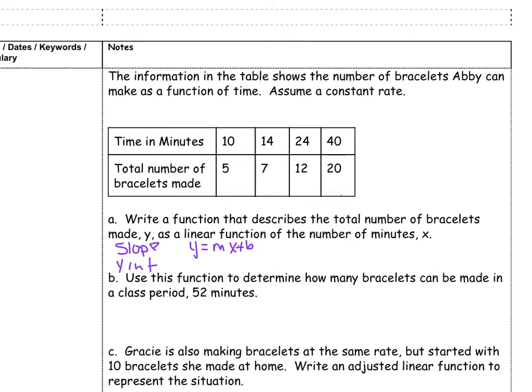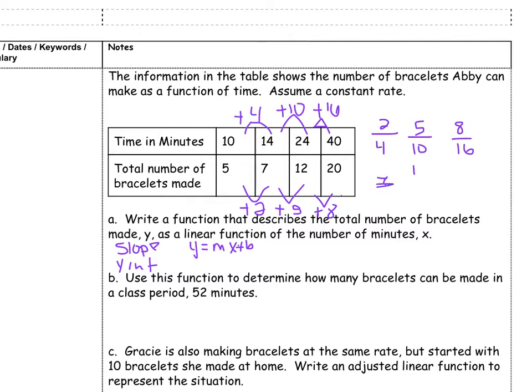So our slope, what's happening to y? It's going up 2 for every 4. It's going up 5 for every 10. And it is going up 8 for 16. And for all of those, the y change over the x change turns out to be 1/2. So once we simplify, it's 1/2.